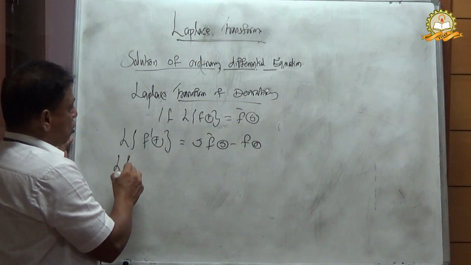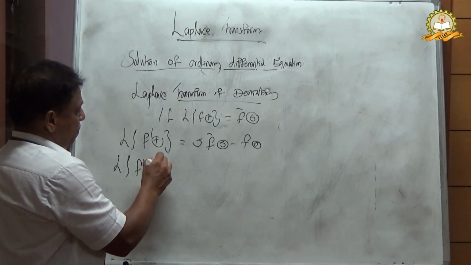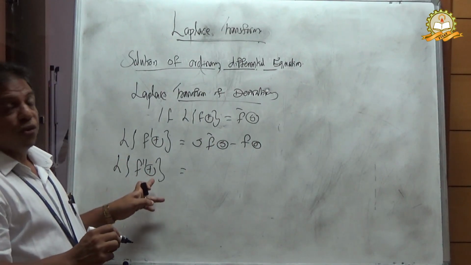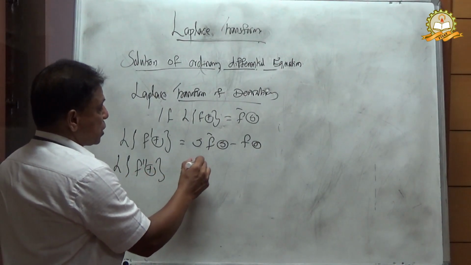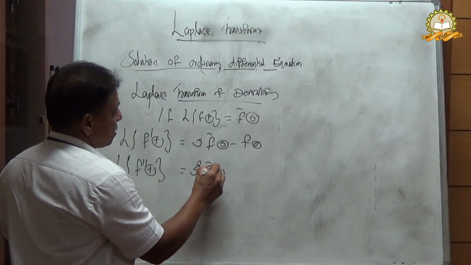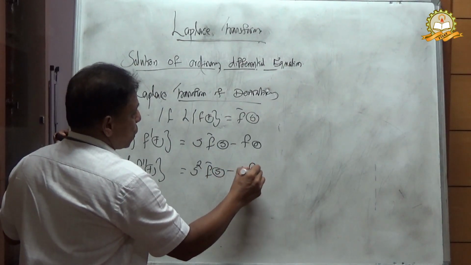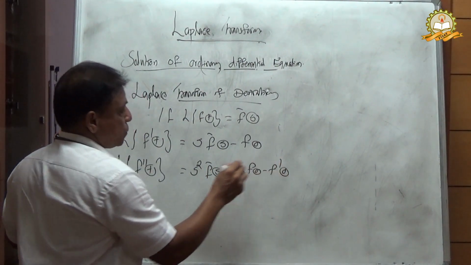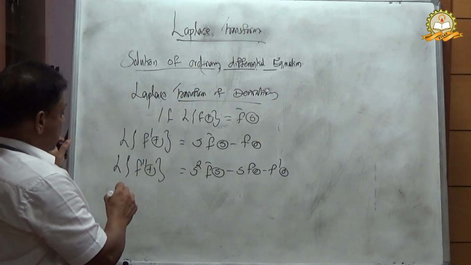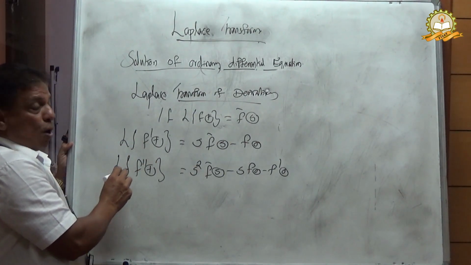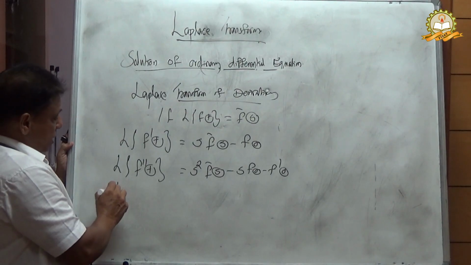Similarly, Laplace transform of f double dash t is equal to s square f bar s minus s f0 minus f dash 0. This is the Laplace transform of the second derivative of the function.